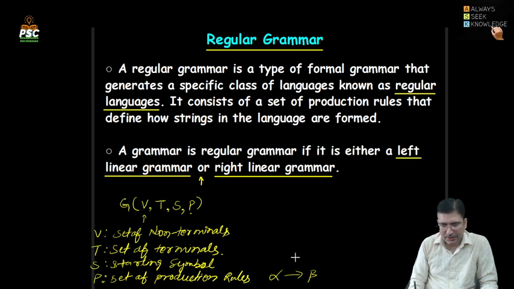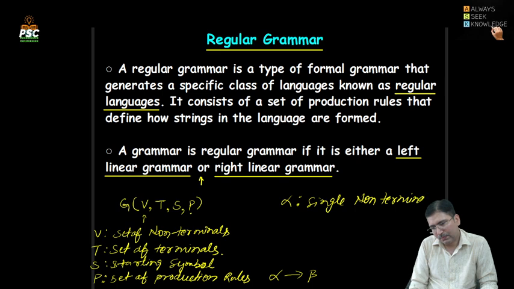In alpha implies beta, alpha must be a single non-terminal. And beta must follow some specific form. If beta is a terminal followed by a non-terminal, or just a terminal, then it defines the right linear property.